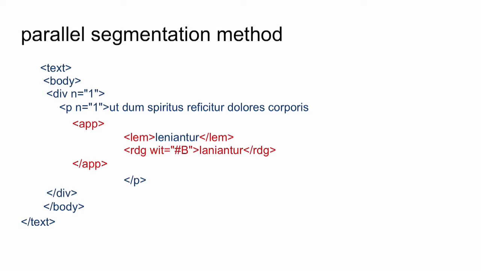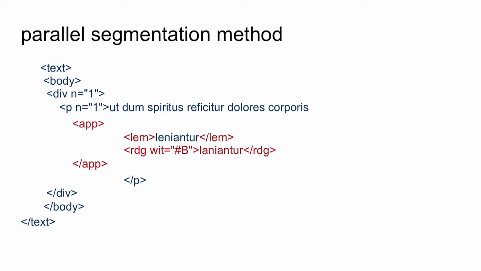In this case, the apparatus element occurs not somewhere in the text or even out of the text, but inline. That is, just right at a place where the witnesses have different readings, you will have the apparatus entry.